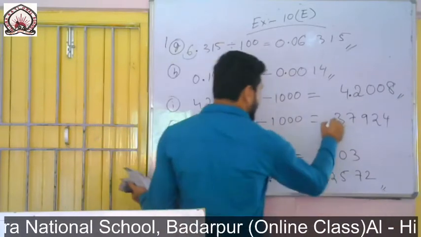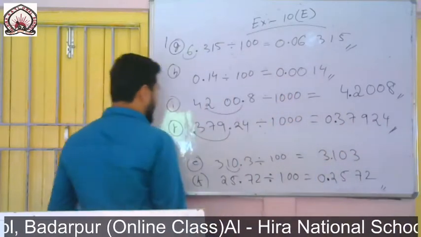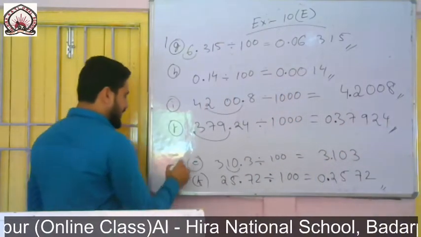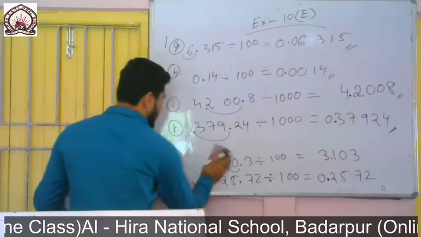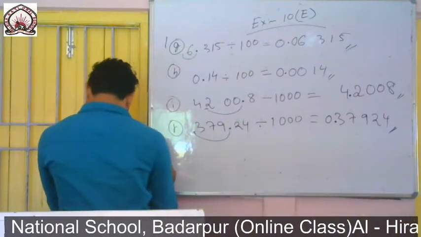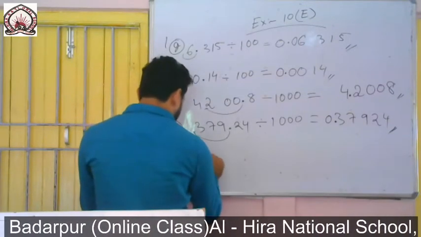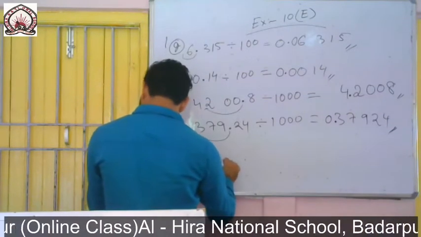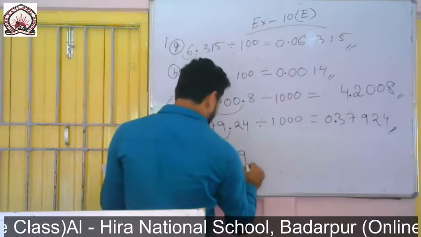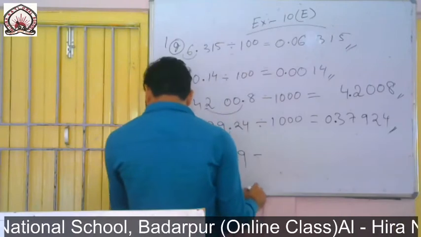That means you put the point here. Now come to K. K, you see, 86.59 divided by what? Again 1000.